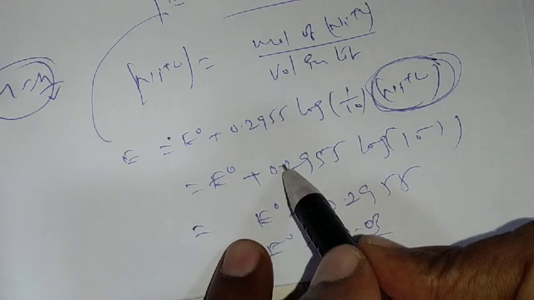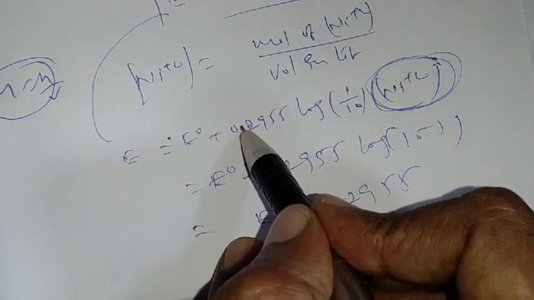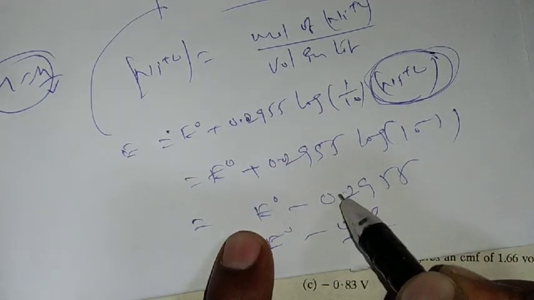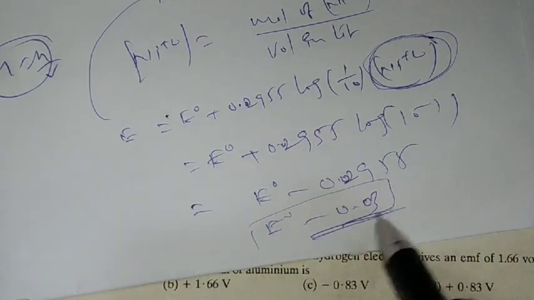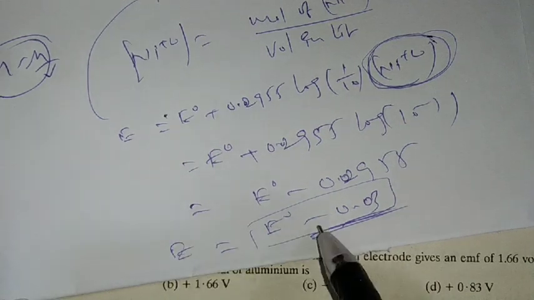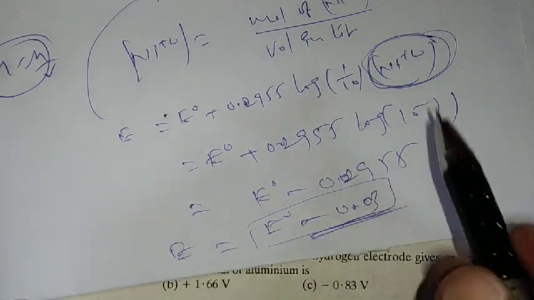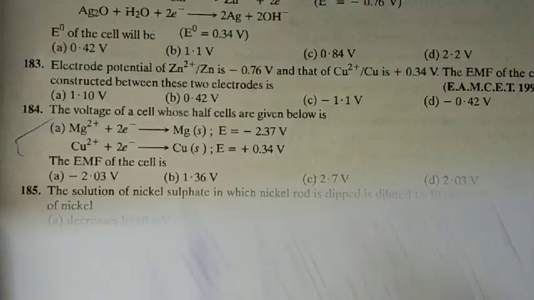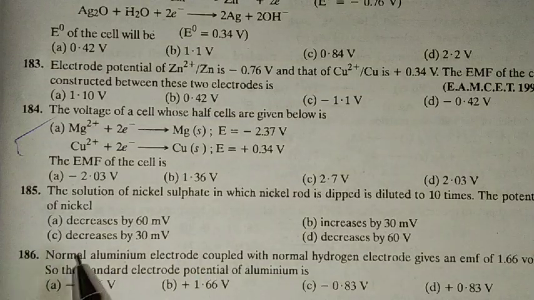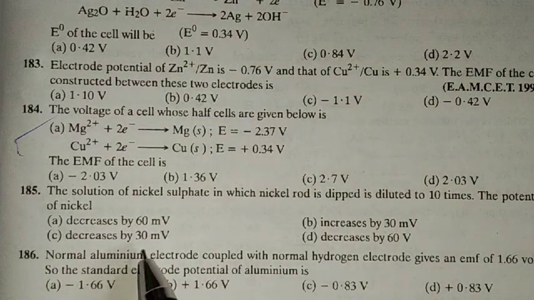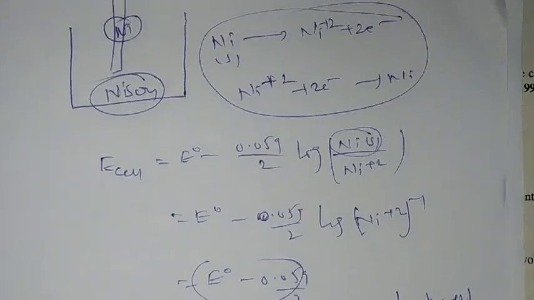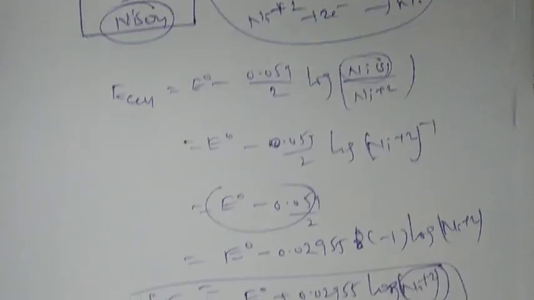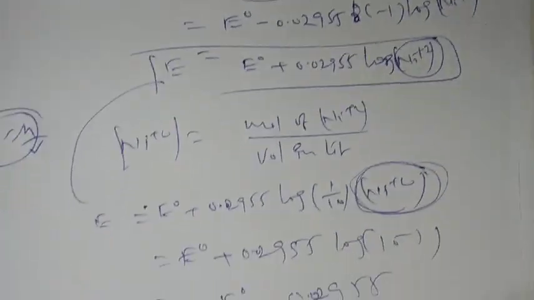From the original value this much was removed. That means it decreased by about 0.03 volts, that is 30 mV, millivolts. Is it clear? Do you understand the procedure? It is a very simple procedure and very important procedure from the objective point of view.